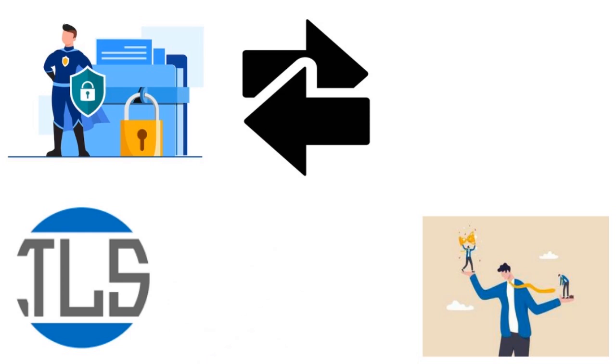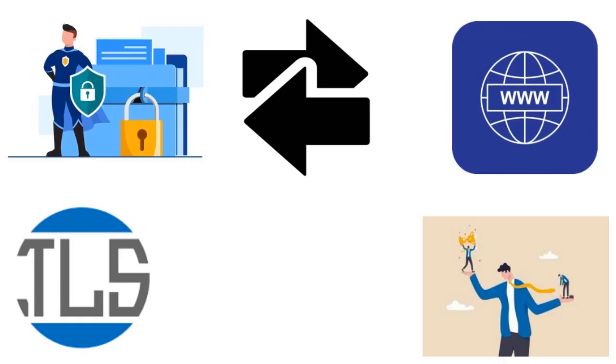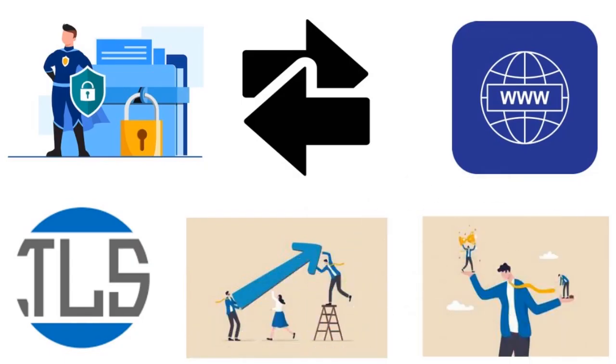TLS serves the same purpose as SSL, providing privacy, authentication, and data integrity over computer networks for, let's say, various applications such as web browsing, instant messaging, but also email. So that's really good. While the terms SSL and TLS are used interchangeably, TLS is considered more trustworthy due to its improvements over SSL.